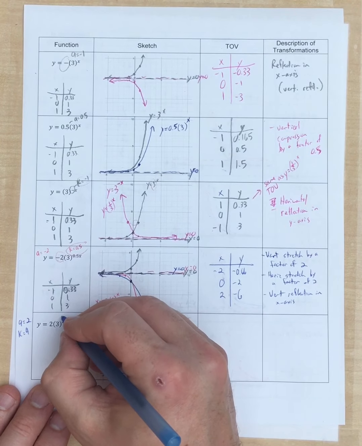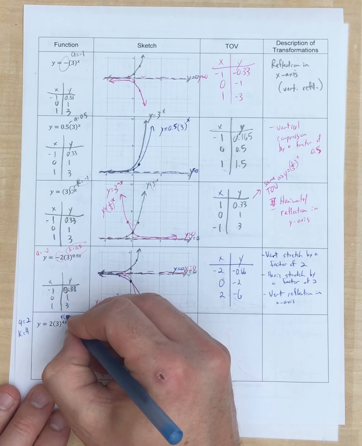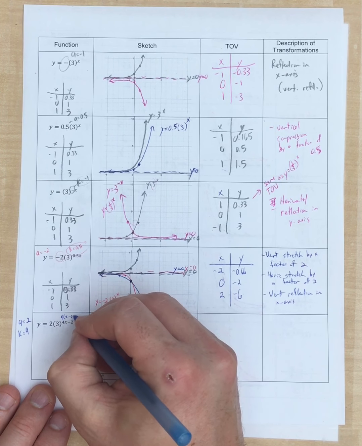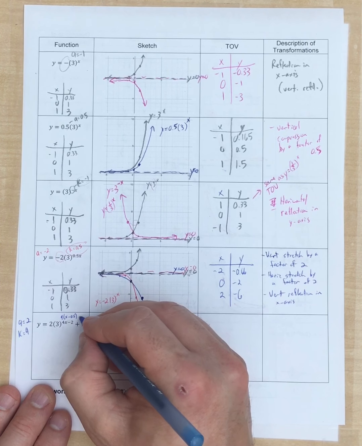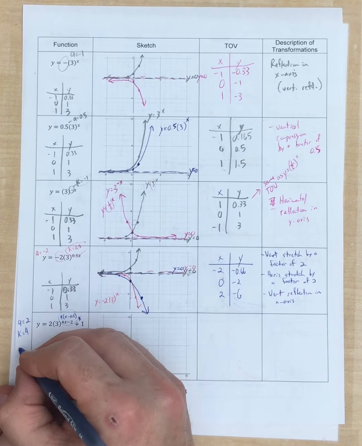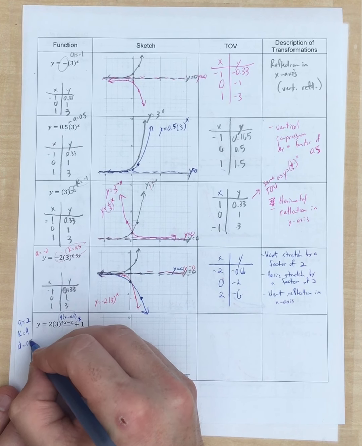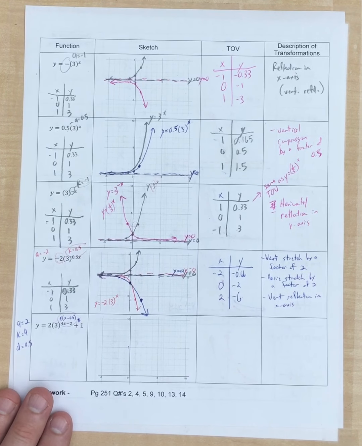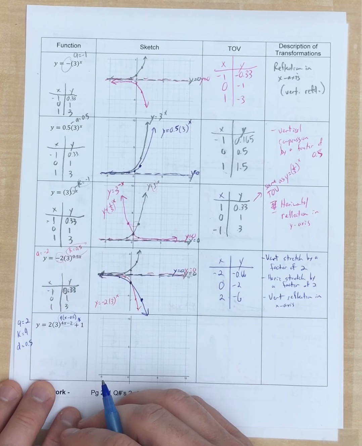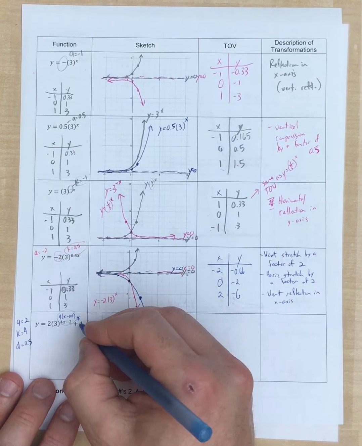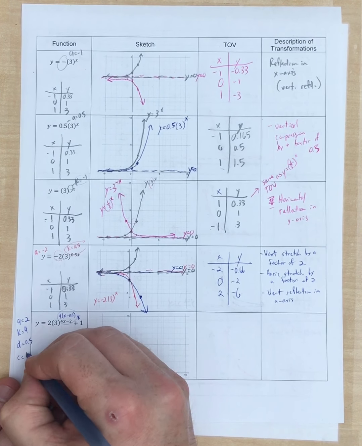But remember, you have to factor out the K value. So that's going to become x minus 0.5 and then plus 1. Okay, you've got to factor that so you can see what your D value is. And that's going to be a positive 0.5. So it's only going to be a shift of 0.5. Maybe I should have made that a 4 or an 8 or something. But it is what it is.